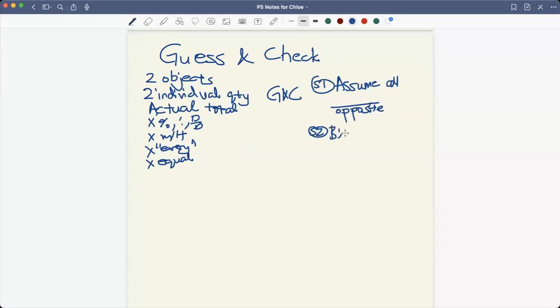Big difference. Then you have your small difference. Then you have your step 2 over step 1, step 3.